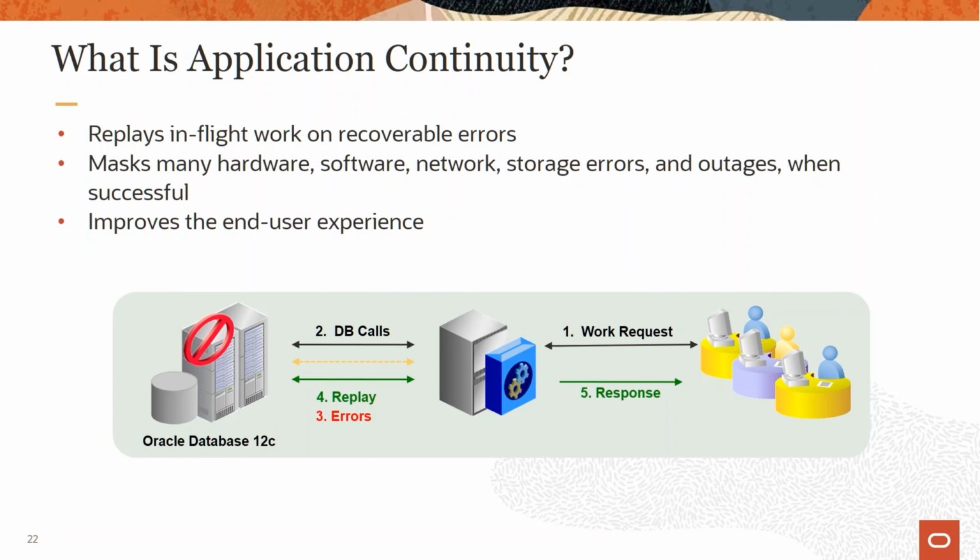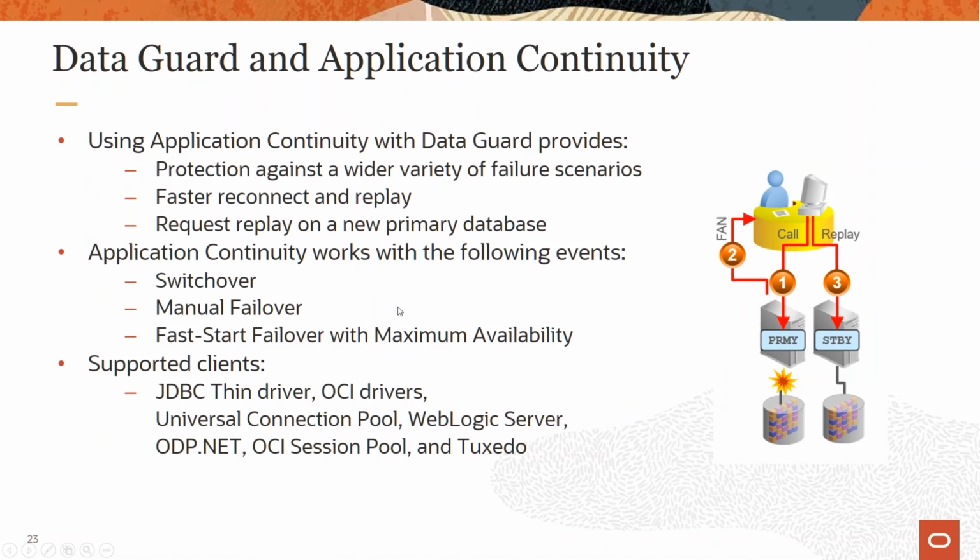So if the last transaction commit status was incomplete, then Application Continuity automatically replays the incomplete transaction behind the scenes. So we don't really have to check whether previous transactions were complete or incomplete. We don't have to.